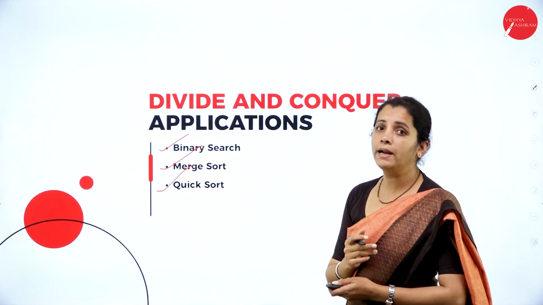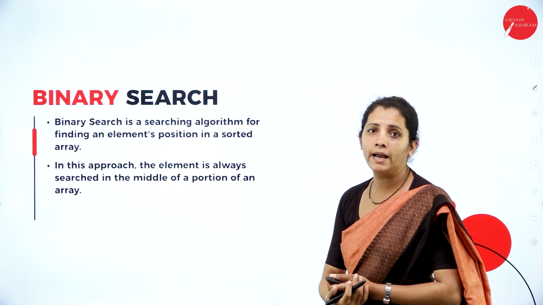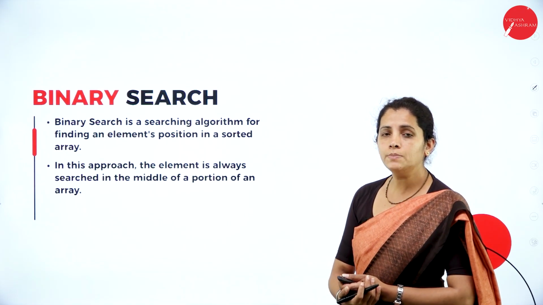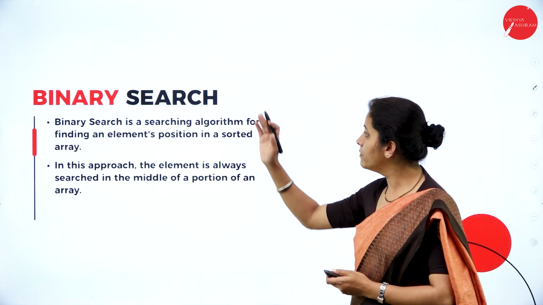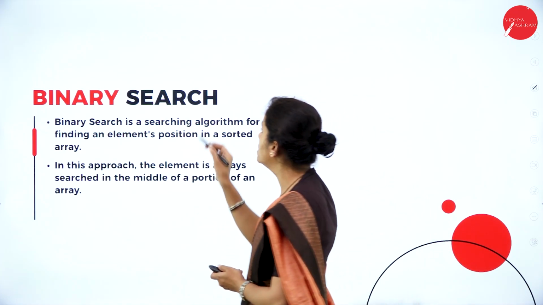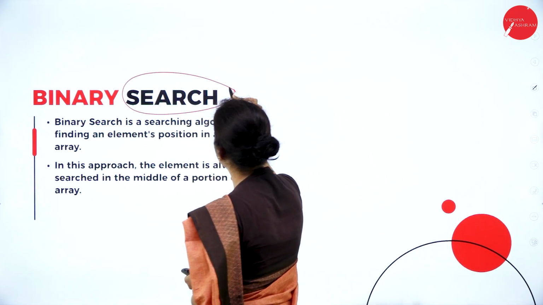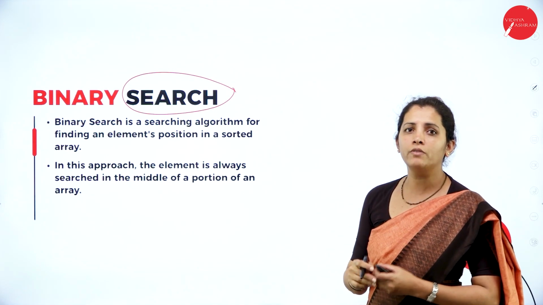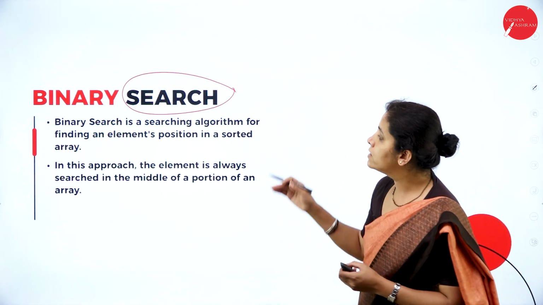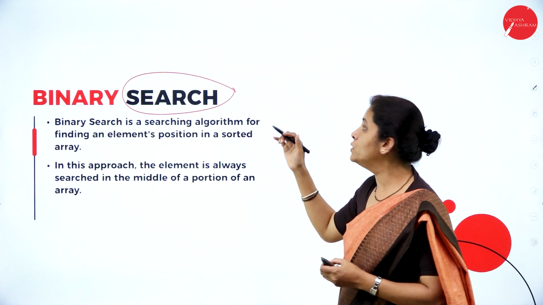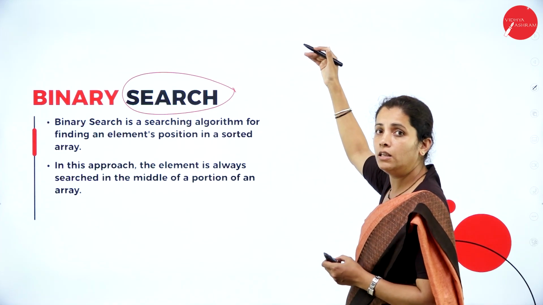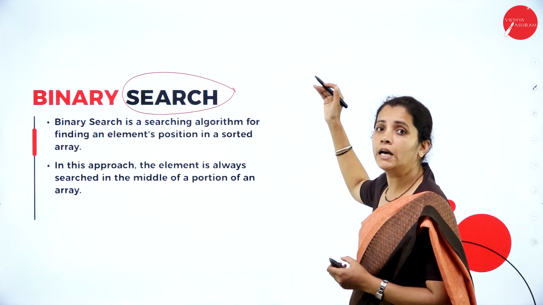So dear students, in today's session, I'm going to deal with binary search. So what is binary search? Before explaining binary search, let me consider searching. Searching means finding something. Here, I'm going to take a list of sorted array.